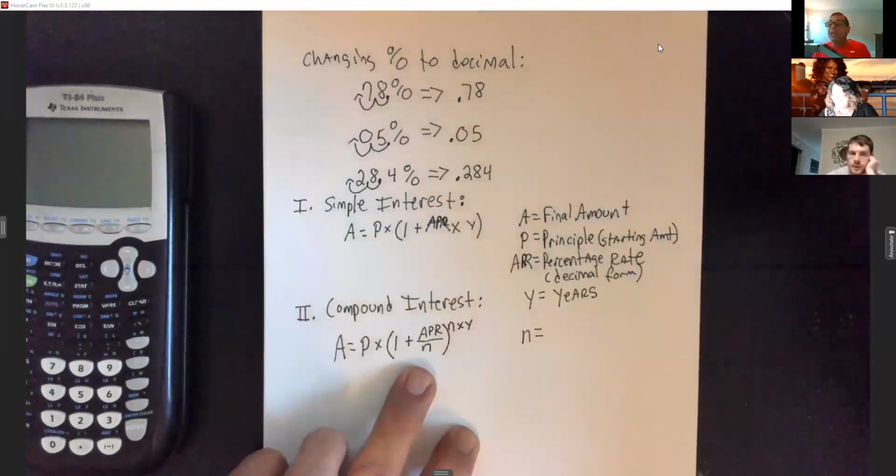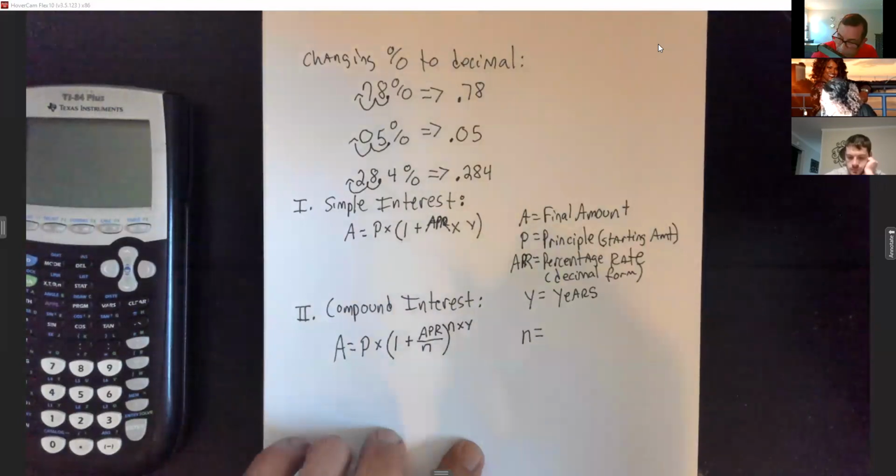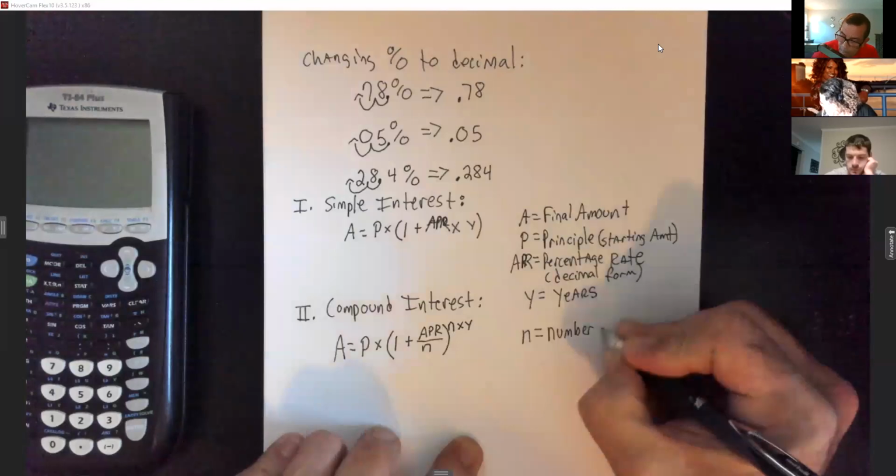Well, y'all, N is the number of compounds per year.